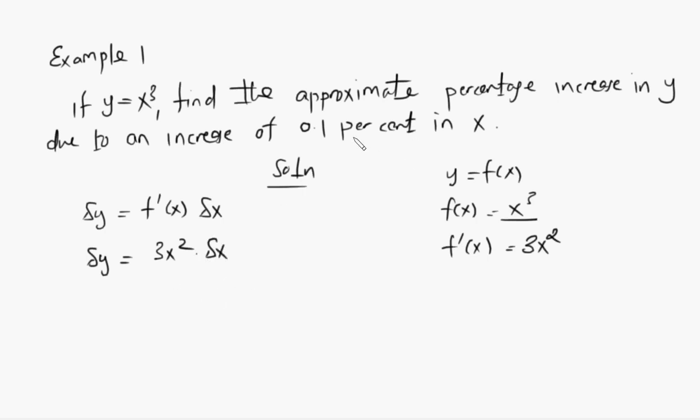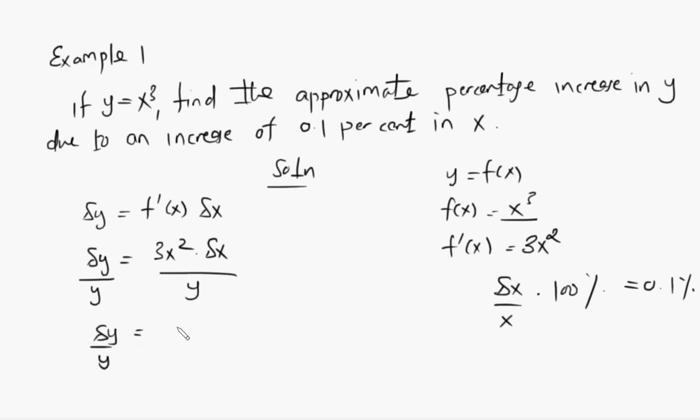Now this person has talked about percentage increase. What does that mean? It means delta x over x times 100%, which is that 0.1%. That is the meaning of percentage increase in x. So what should I do now? Let me divide by y on this side and by y on this side. So delta y over y is equal to 3x squared times delta x.